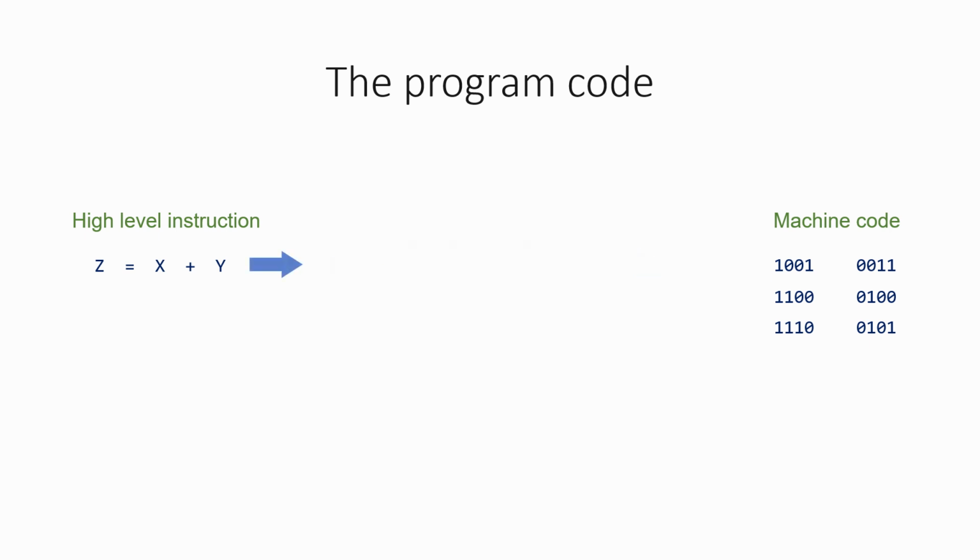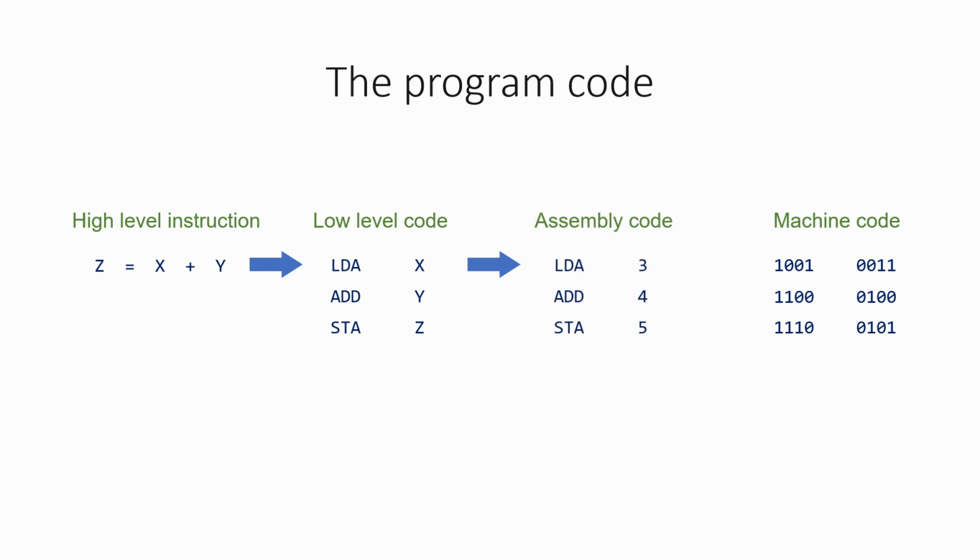Most compilers and interpreters convert high-level code into an intermediate form of low-level code first. Each high-level instruction becomes many low-level instructions, but then each low-level instruction becomes only one machine code instruction. During translation, variable names are converted into numeric memory addresses, resulting in an even lower level of instructions called assembly code.